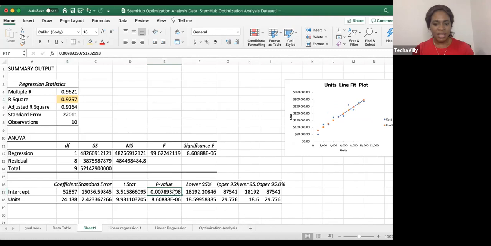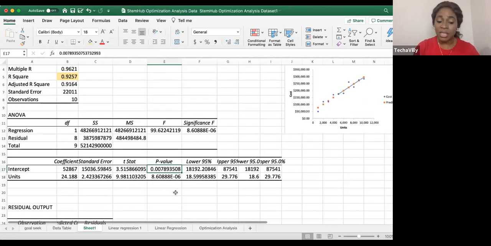You can also see that the p-value is a very strong one. Remember I said if your p-value is less than 0.05, and the p-value that we have here is 0.007, which is 0.01. So this is a very good output. The company can sit and say, okay, I'm going to use this model to take decisions.